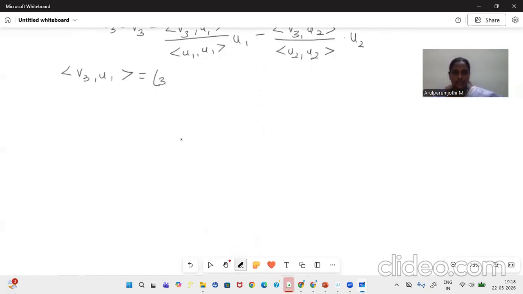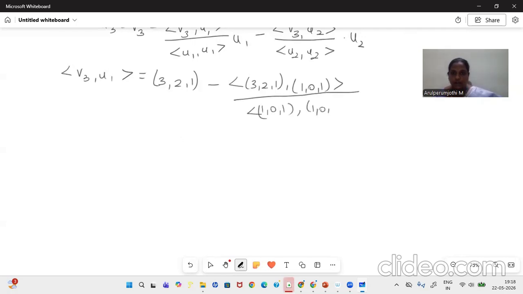So it is (3, 2, 1) minus the inner product of (3, 2, 1) and (1, 0, 1), the whole divided by the inner product of (1, 0, 1) and (1, 0, 1), and then into u1, which is (1, 0, 1).